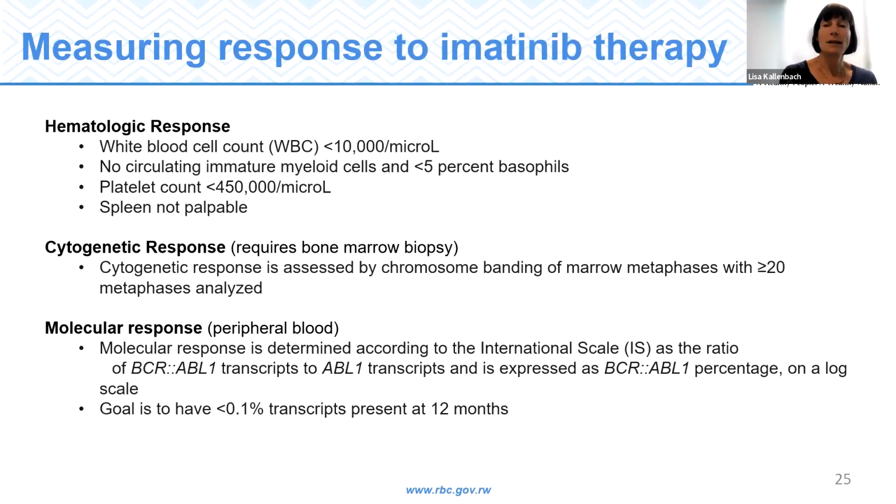And it's expressed as a percentage on a log scale. And the goal is to have less than 0.1% transcripts present at 1 year. So after 1 year of imatinib therapy, we want to see less than 0.1% of transcripts.